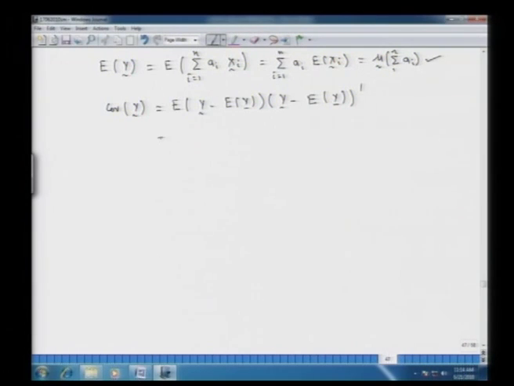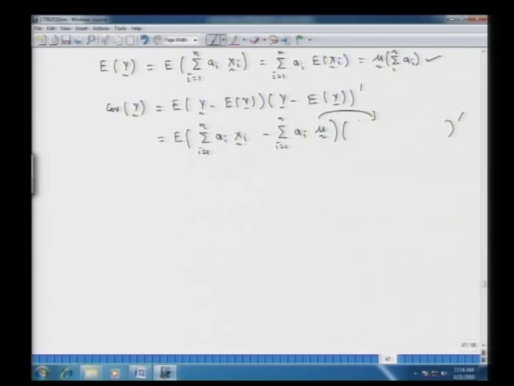So this is equal to the expectation of summation ai xi, i equal to 1 to n, minus this particular quantity, which we can write as summation ai times the mu vector, i equal to 1 to n, and then the transpose of this particular entry.